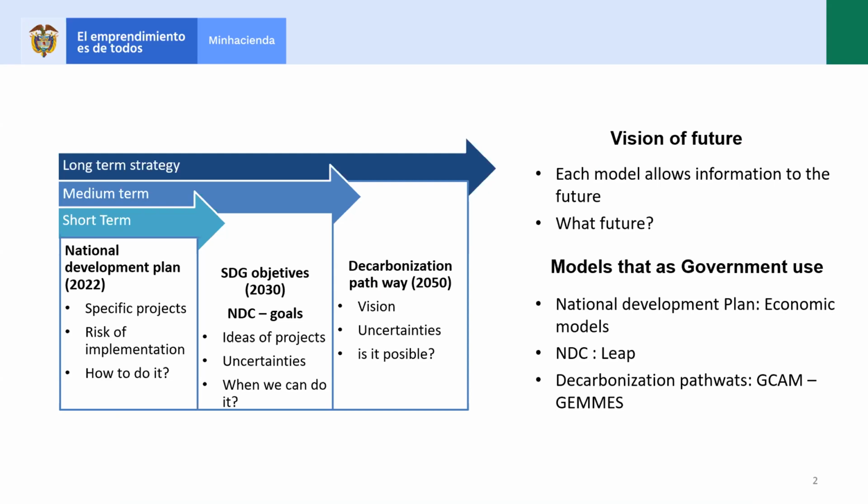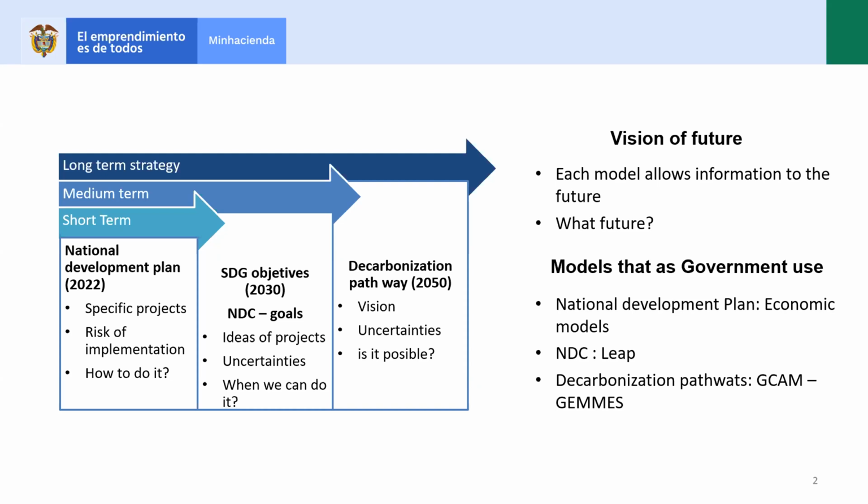The first is the short term. We have a national development plan, and this requires answers specifically about how to do it. It means we need more details about the projects. But as Teiko mentioned in the previous presentation, the SDG objectives require more analysis and different options, and the uncertainties begin to increase.